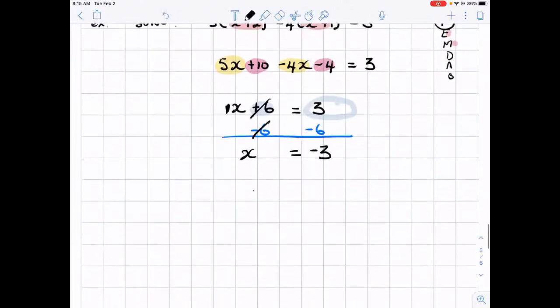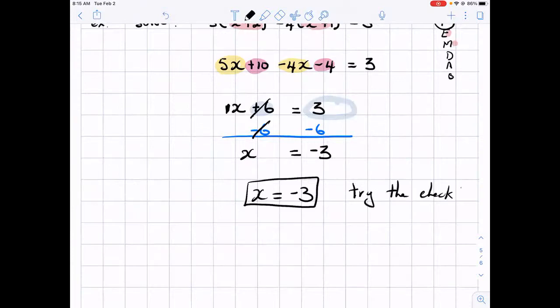So your solution is x equals minus 3. And keep in mind, you should check, right? Try to check. Okay? You should always check it. So different equations have different ways of solving, but the idea is that you have to leave x by itself. And as I said before, it doesn't matter if x is on the left side or x is on the right side of the equal sign.